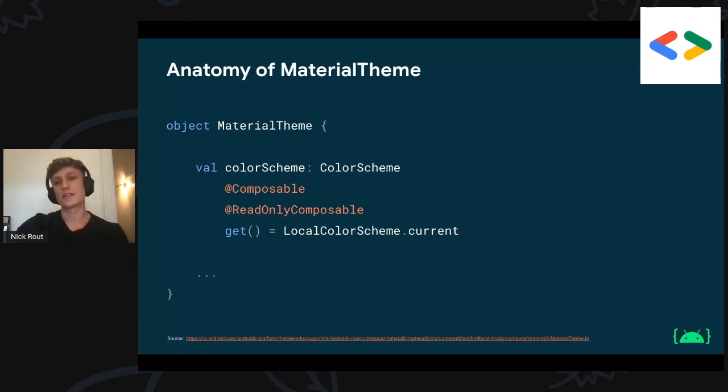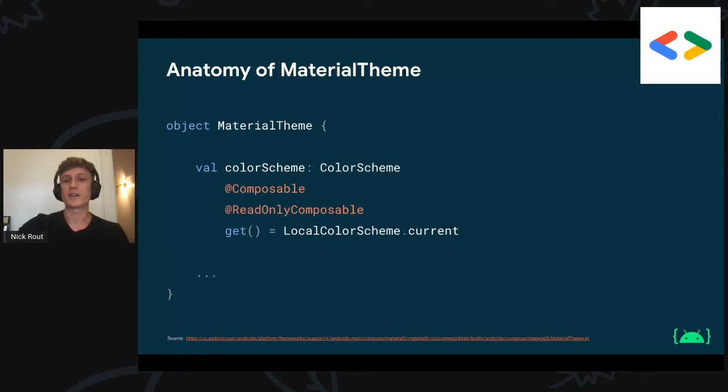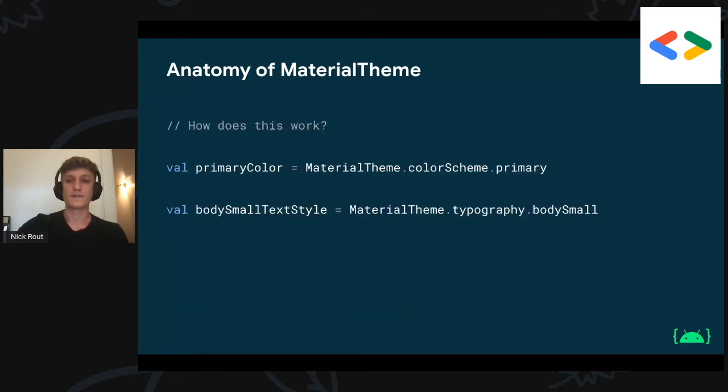Within it, they create a value and then override the getter to be local color scheme dot current. So that's the notation that you see here. Really, all it is is a wrapper over that normal way to access the current value of a composition local. And this allows us to do the nice material theme dot color scheme dot primary, so you know what you're getting and what theming values you're trying to get.